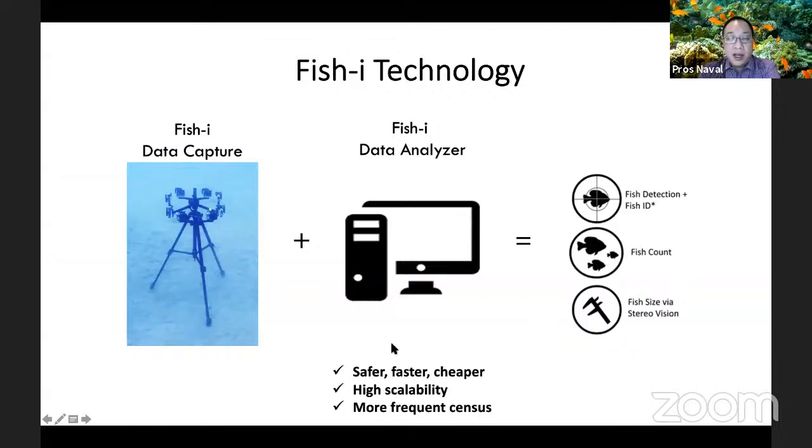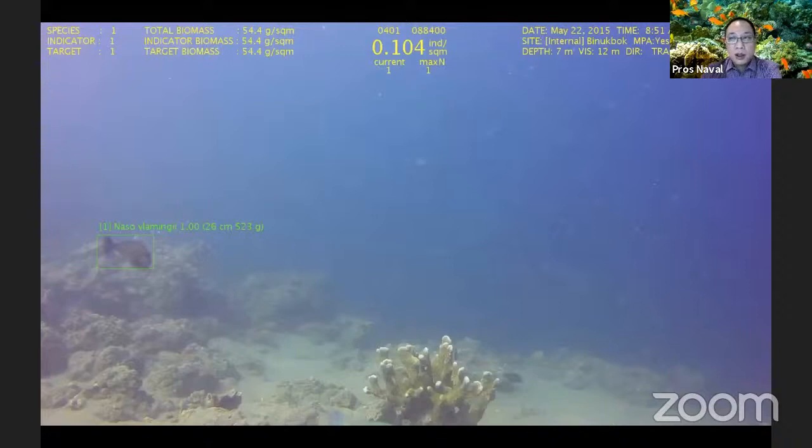So fish eye is safer, faster, cheaper, and highly scalable. And with this, we can do more frequent census. Now here's fish eye in action.